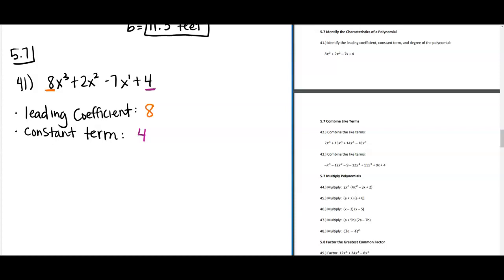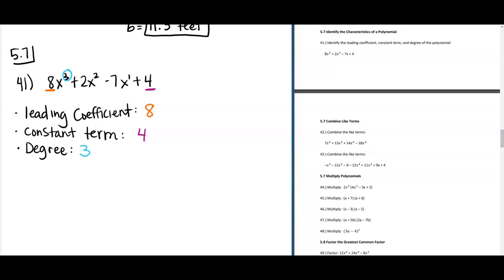Then the other thing that it wants us to find is the degree of the polynomial. For what we're dealing with on this one, the degree means we're just looking for the highest exponent. Our highest exponent is 3, so that means our degree is 3.